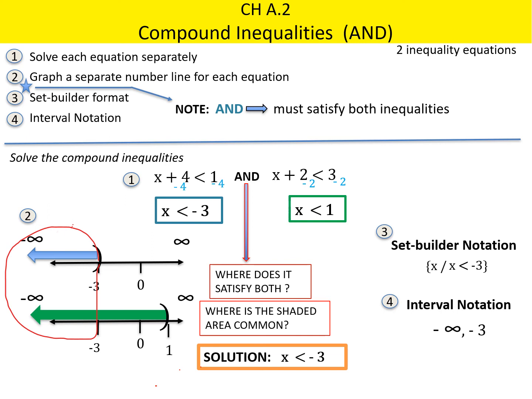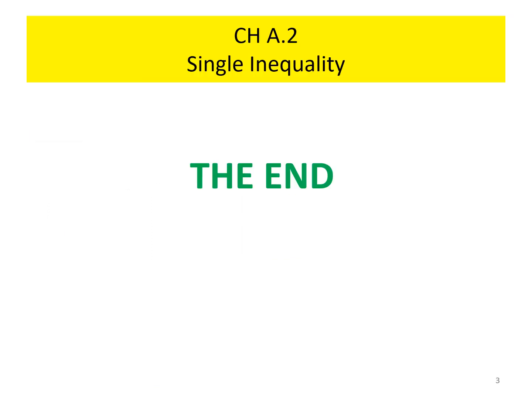And now we have to show parentheses or brackets. Remember, negative infinity is always going to be parentheses. And negative 3, in this case, it's not equal, so it's also going to be a parentheses. And you have completed this problem. This is the end of this video.